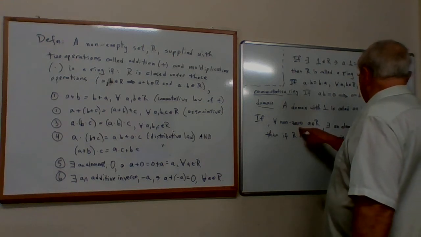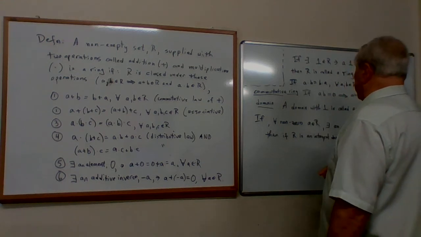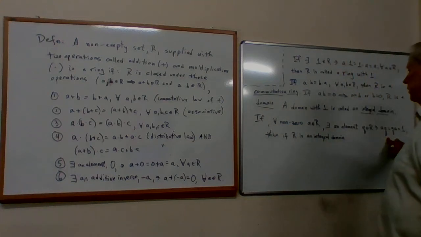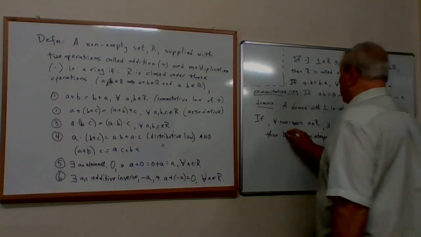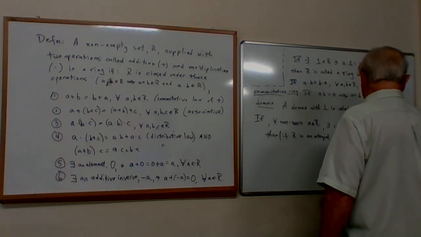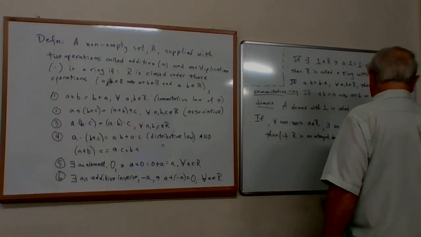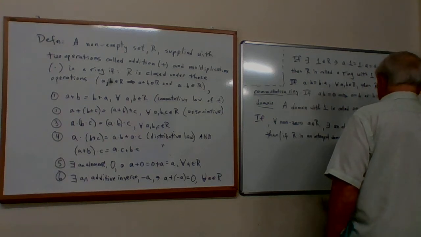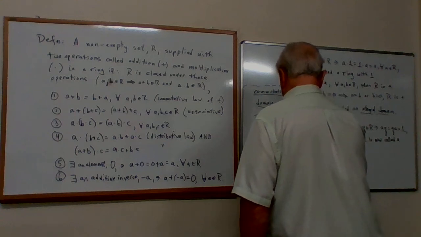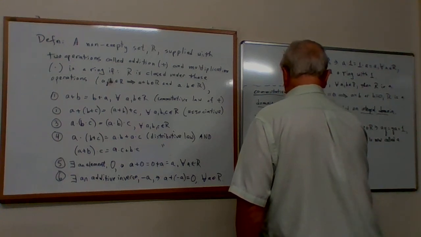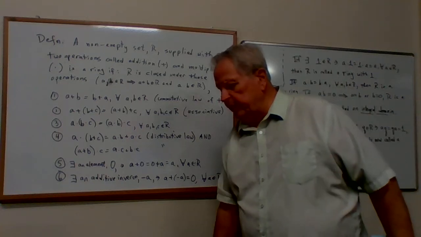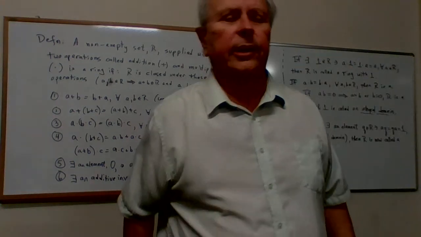Well, this law is stronger than not having zero divisors. Everything actually has an inverse. So R is now called a field. So there is indeed a hierarchy here.